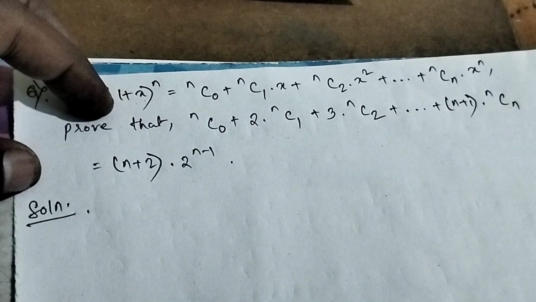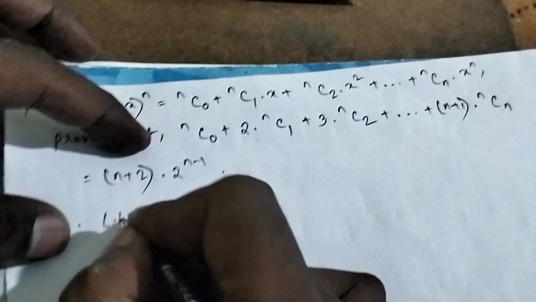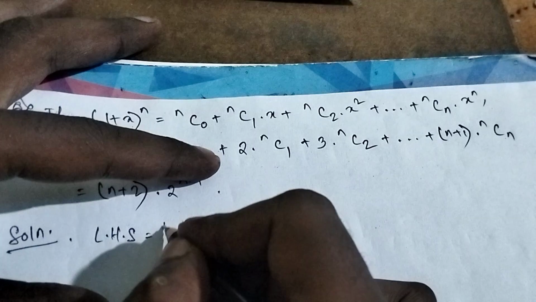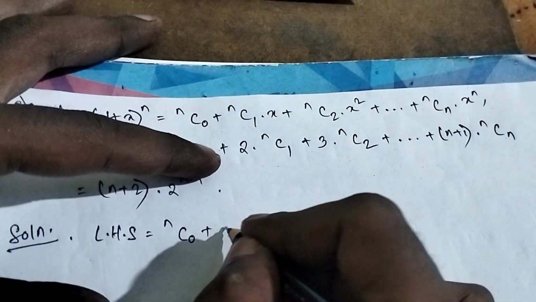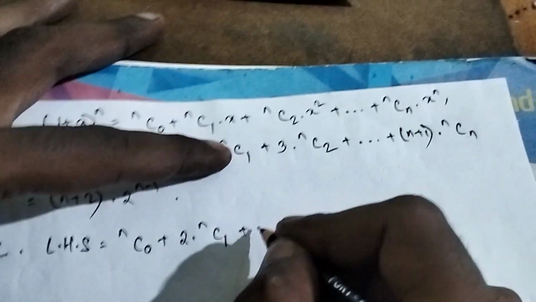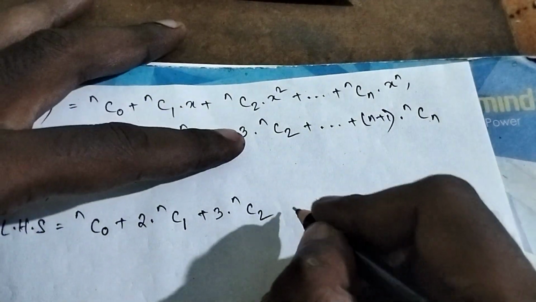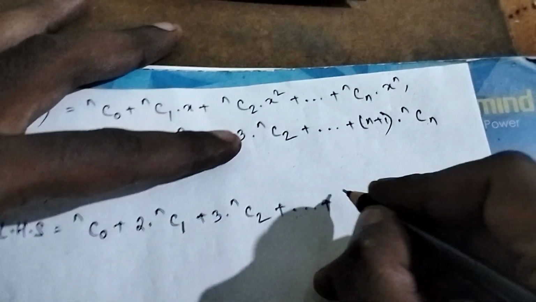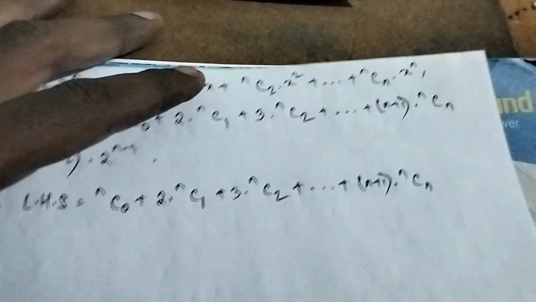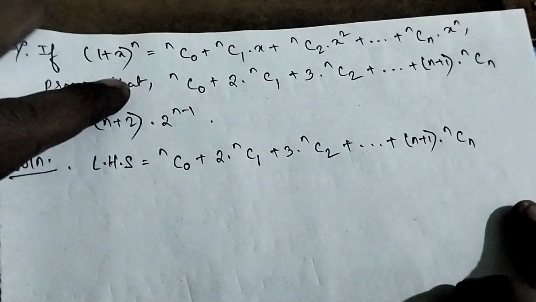So now the LHS, left hand side, is nC0 + 2 nC1 + 3 nC2 + ... + (n+1) nCn.